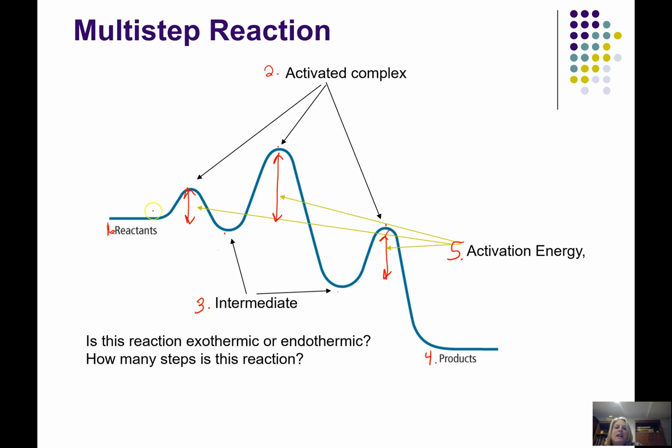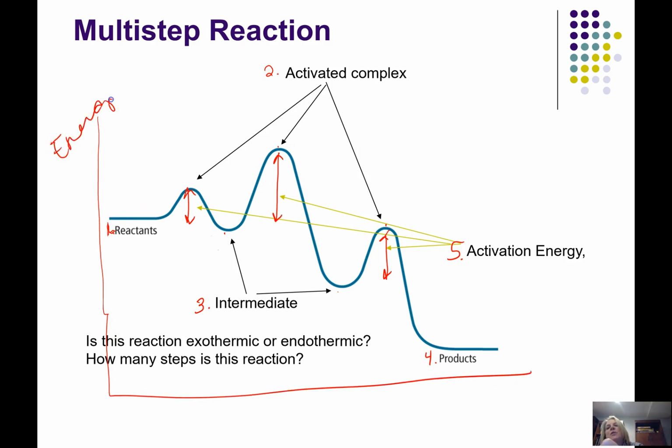So this is an energy diagram, right? This is energy here. So you want to look at the energy of the reactants versus the energy of the products. So reactants are higher than the products. So that makes this an exothermic reaction.